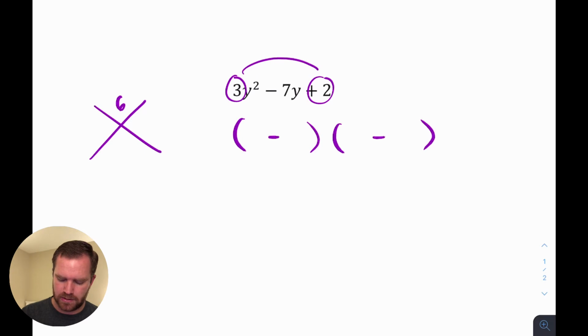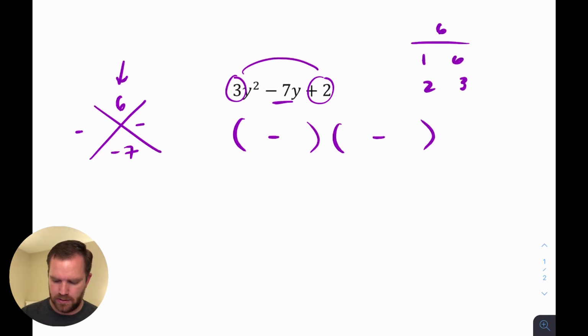And remember that goes on top. And then the middle term goes on bottom. And you look for factors of 6 that add to negative 7. We know that they're both going to be negative. So 6 is 1 and 6, 2 and 3. They'll both be negative. So it's going to be negative 1 and negative 6.